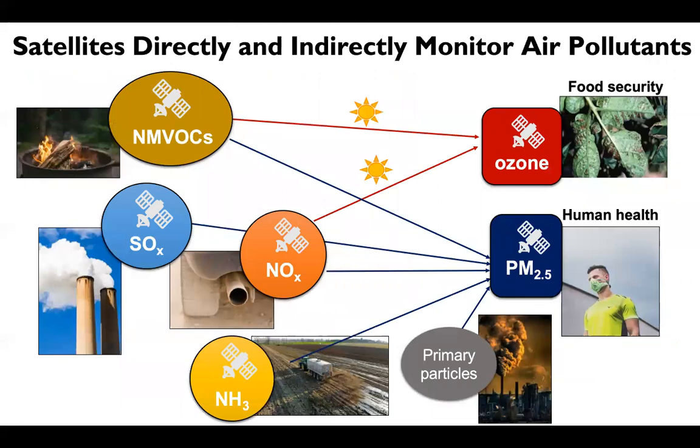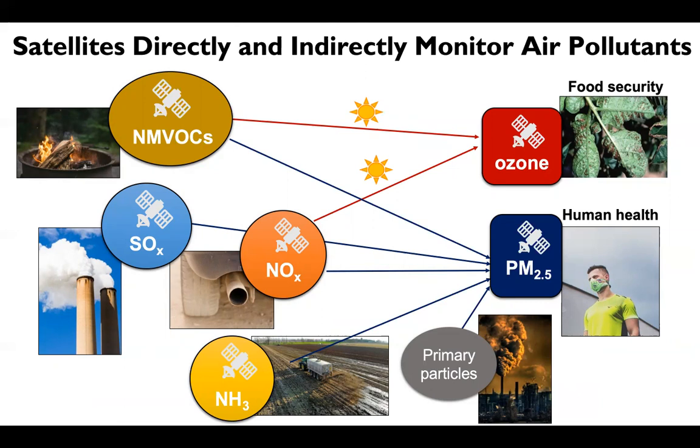What's great about satellite observations as well is that they also directly and indirectly monitor a host of air pollutants. We can see indirectly evolving concentrations of non-methane volatile organic compounds, or NMVOCs.